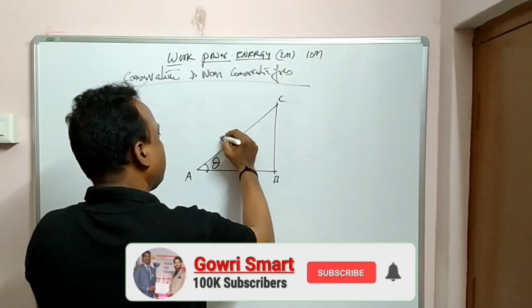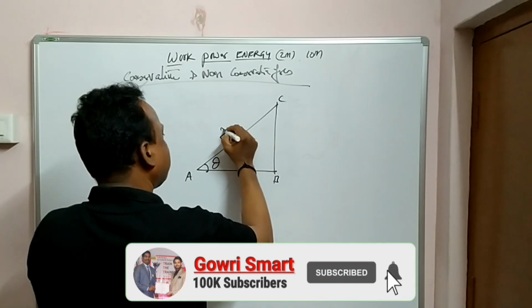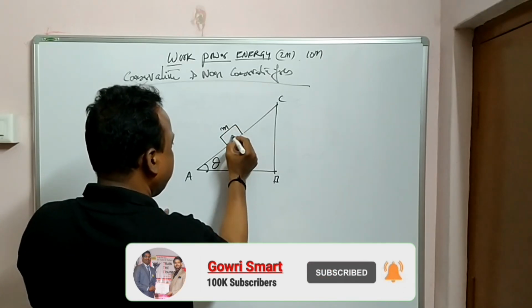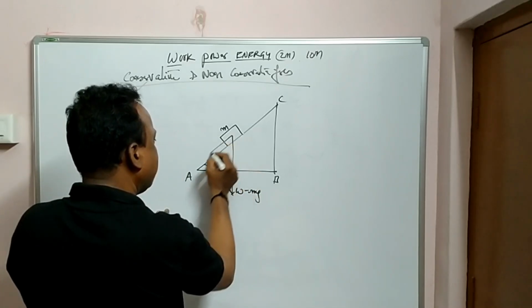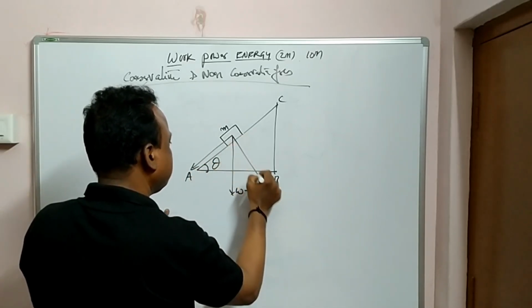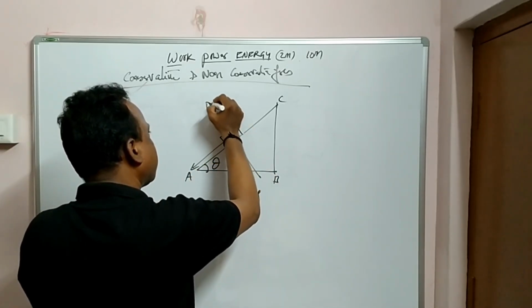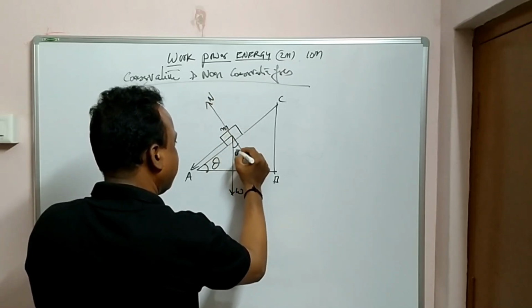Let a block having mass m be on the incline. Let this be the weight of the body, and these are the components. And this is a normal force acting in. This is again theta.